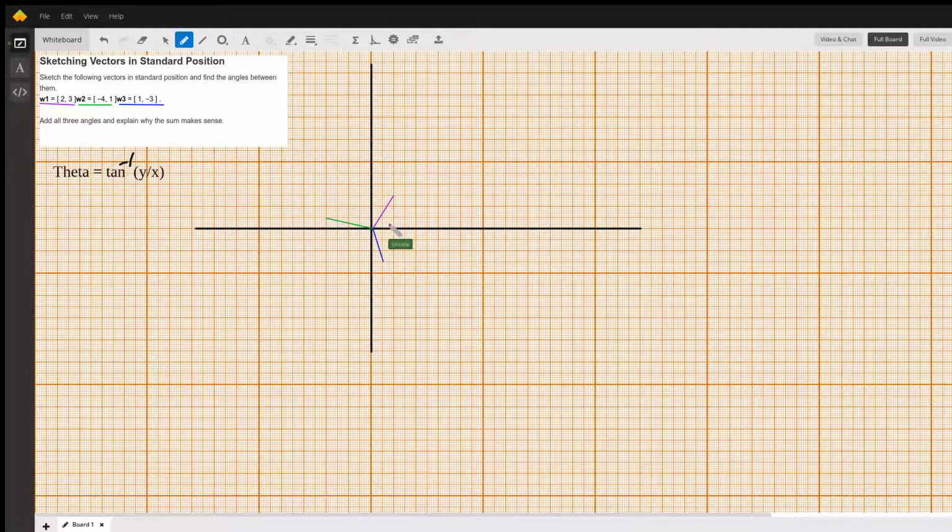So from the x-axis to this one is the tangent inverse of 3 over 2. And that turns out to be 56.3 degrees. But that's not really what they asked for.